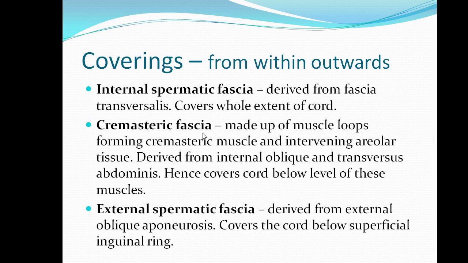The cremastic fascia is made up of muscle loops forming the cremastic muscle and intervening areolar tissue. It is derived from the internal oblique and transversus abdominis. Hence, it covers the spermatic cord below the level of these muscles.